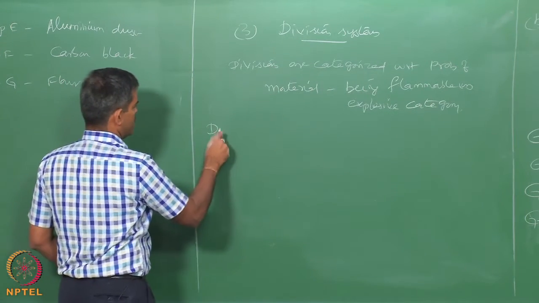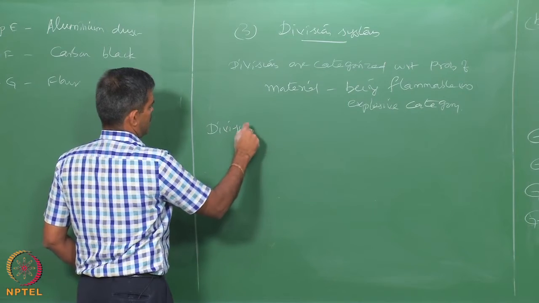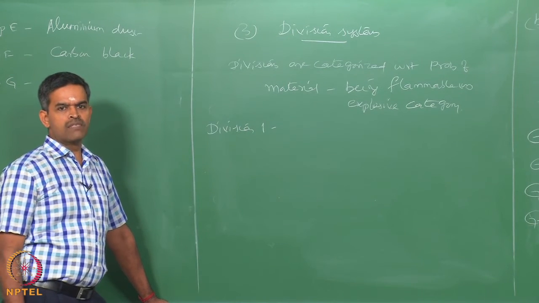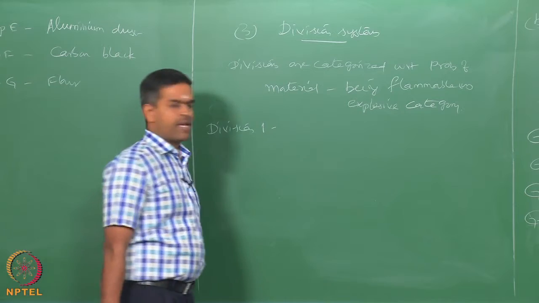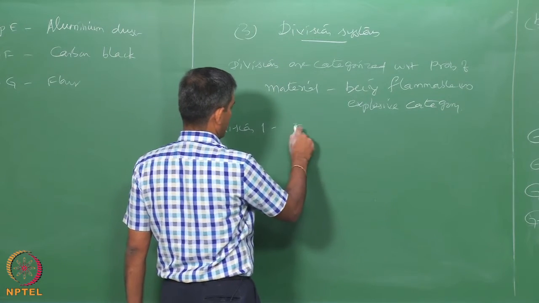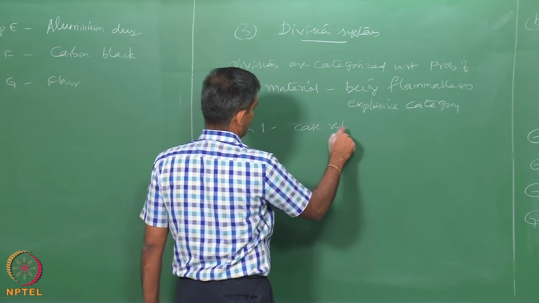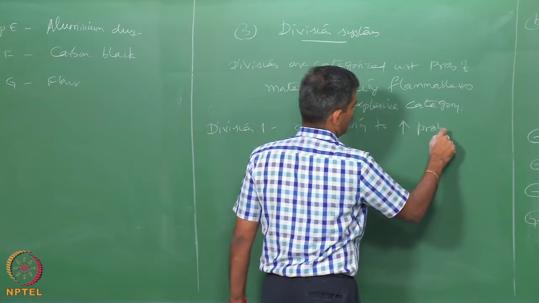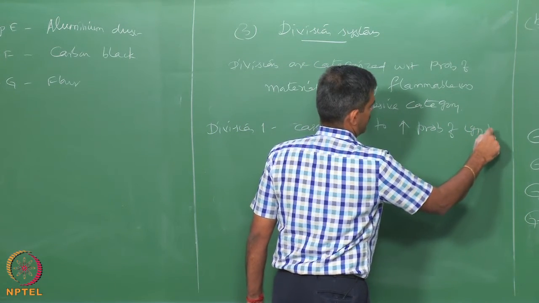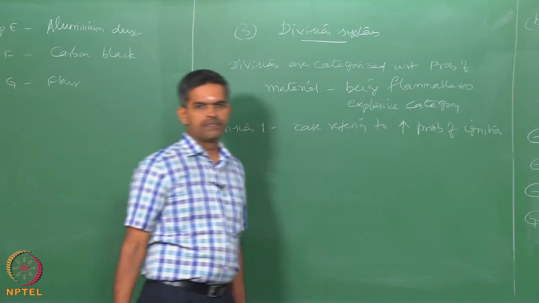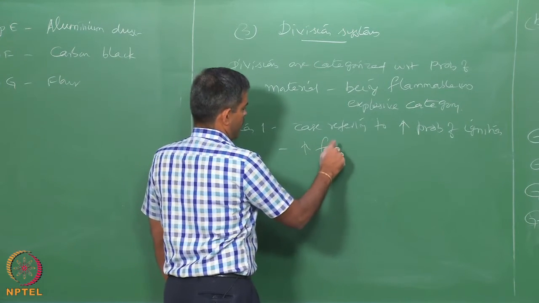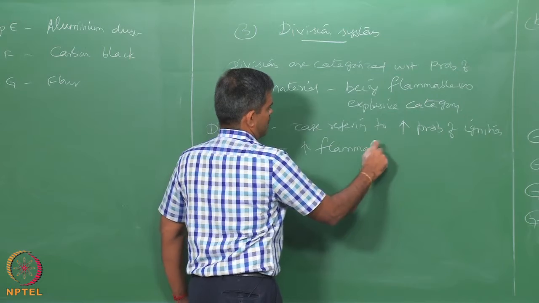So, one can say that division 1 refers to the cases where the probability of ignition is very high, and there is a high flammable concentration.